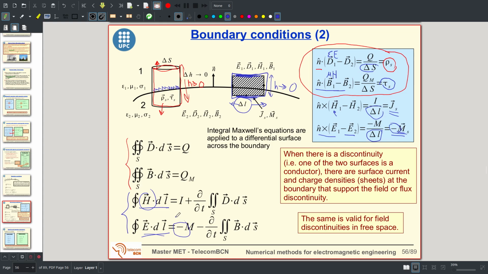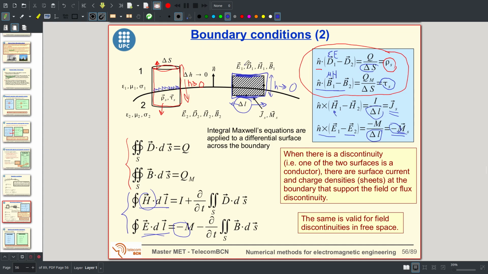And I say the tangent component, but it is not actually the tangent component, but it is n times the magnetic field, which is in fact the tangent component, but you have to take into account that this product with n in fact rotates the tangent component.